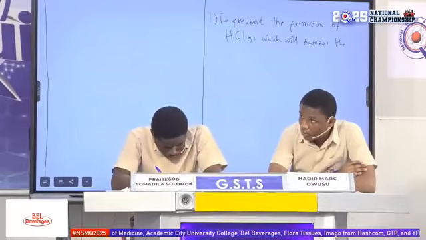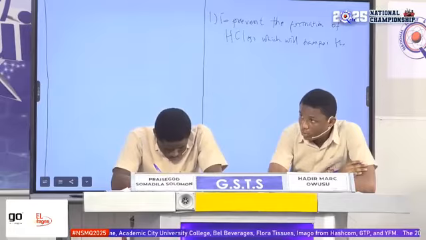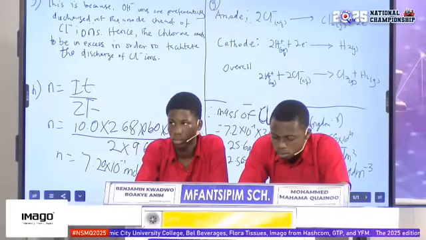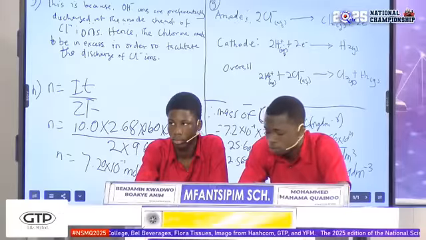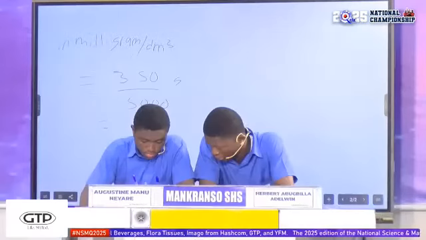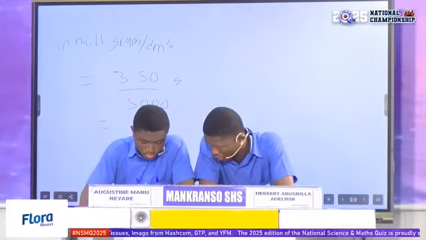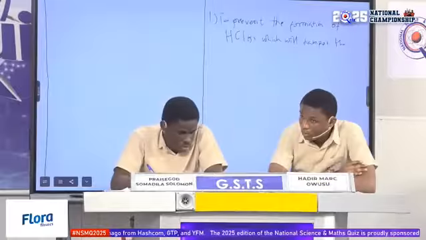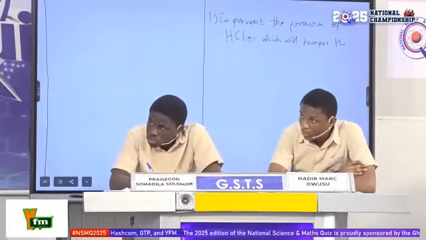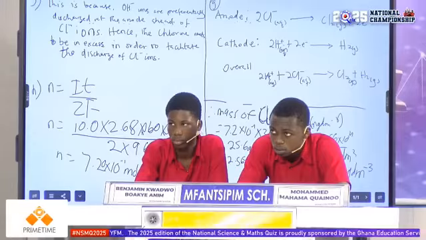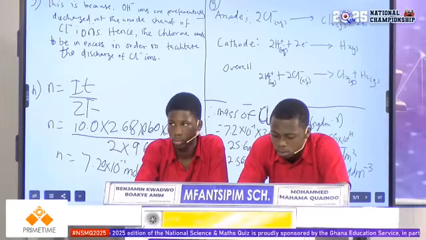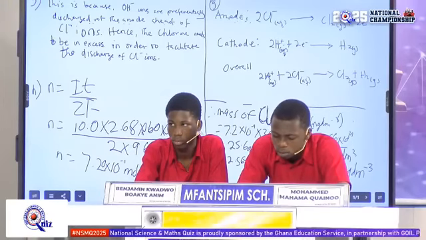So we will have 10.0 ampere multiplied by the 2.68 hours we were given, multiplied by 3,600 to convert to seconds. If you do this calculation, you should arrive at 96,480, which is approximately 96,500 coulomb.